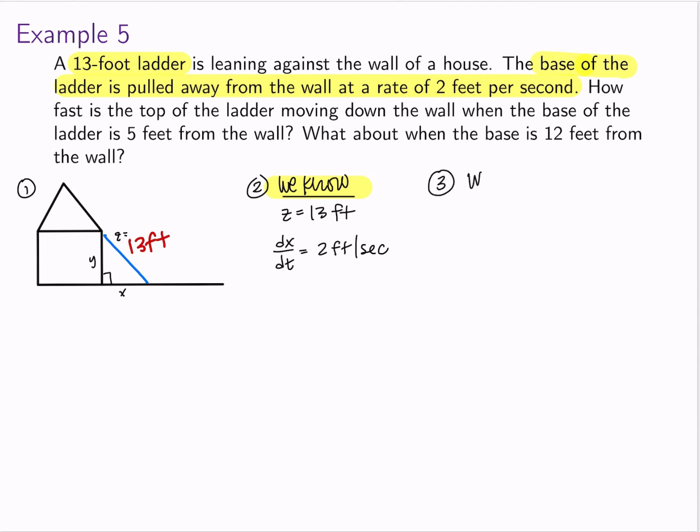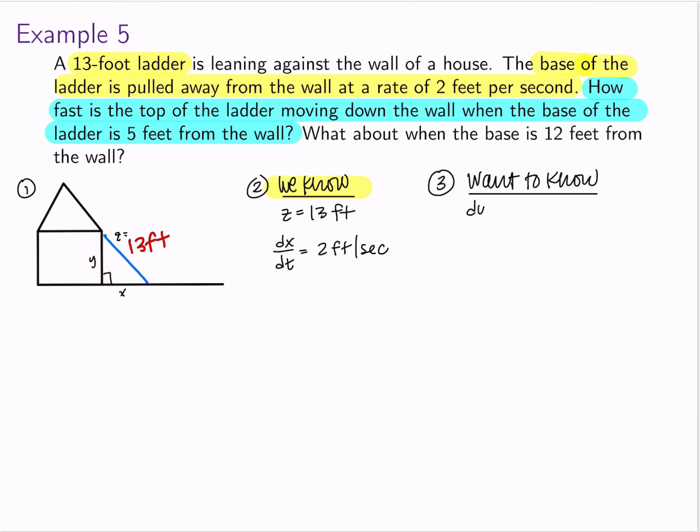Step 3, what do we want to know? Okay, so let's see, what do we want to know? It says, how fast is the top of the ladder moving down the wall when the base of the ladder is 5 feet from the wall? So how fast is the top of the ladder moving down the wall? So right here, this top of the ladder, as it moves down, we want to know how fast it's going down, which means that's how is y changing, this distance y.